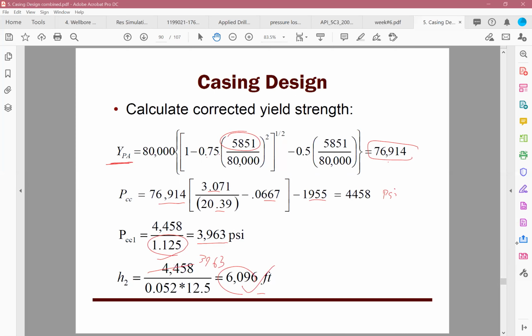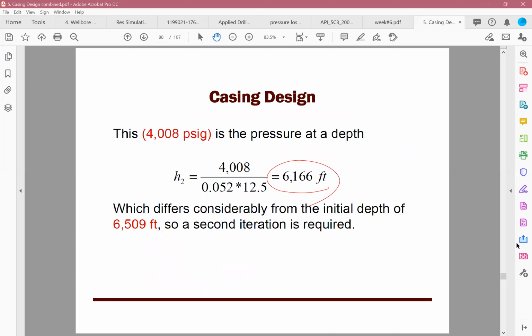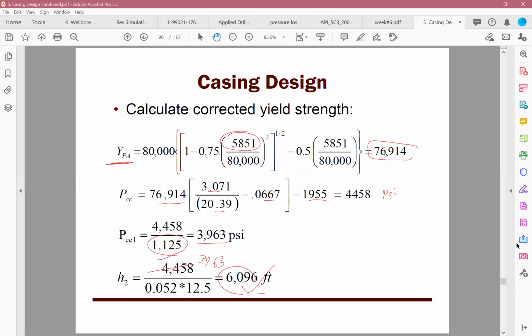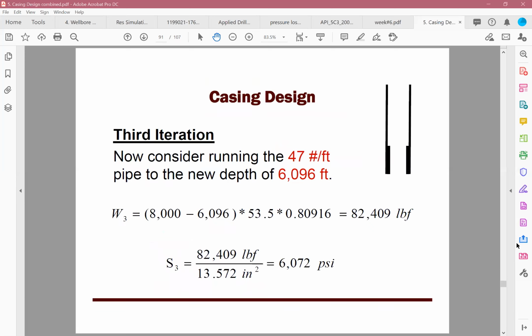Now, your casing depth has changed to 6,096 feet from 6,166 feet, right? What should you do now? You should redo the calculation, right? Because your axial tension again changed here, right? So we do it again.